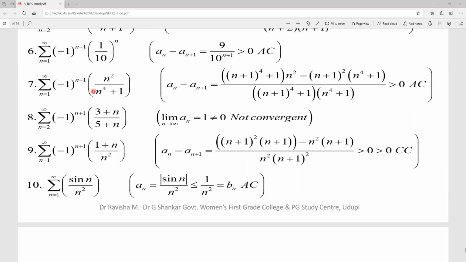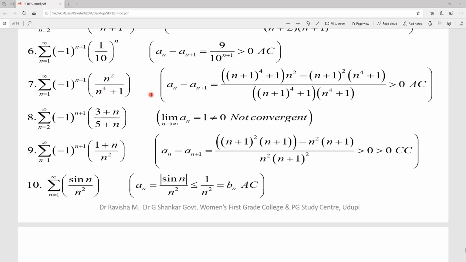Let us see whether the series is absolutely convergent or conditionally convergent. The nth term is a rational function of n. Let us define b_n. The degree of the numerator is 2, so n squared, and the degree of the denominator is 4, so n squared by n to the power of 4. So b_n becomes 1 by n squared.